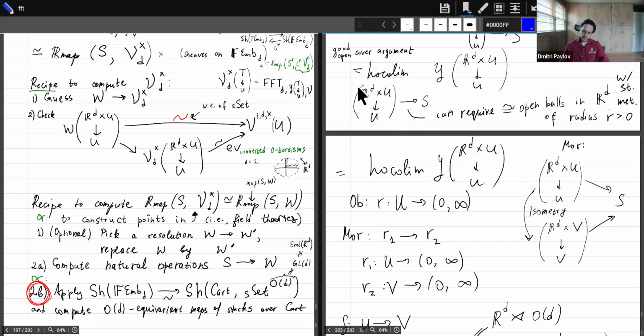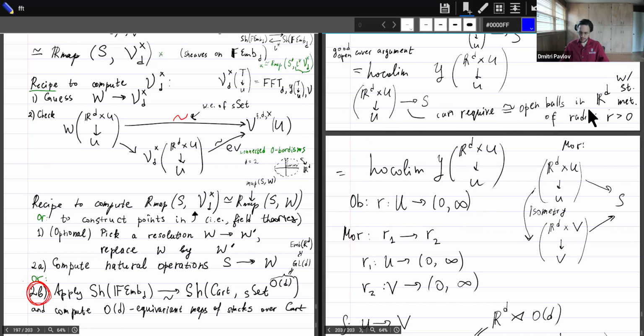So maybe R^d is no longer the best notation because really we just want an open ball with some fixed radius. And the only observation we can make here is that isomorphism classes of such open balls are uniquely specified by the radius. So this description here completely describes all possible objects in this category.